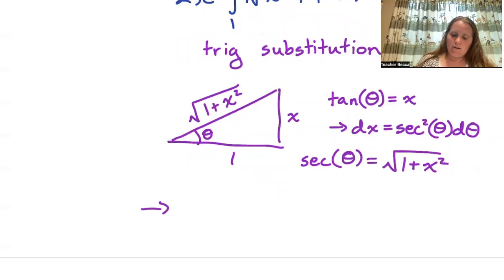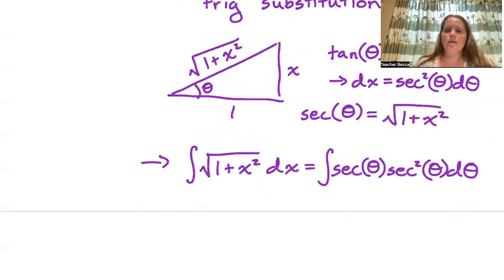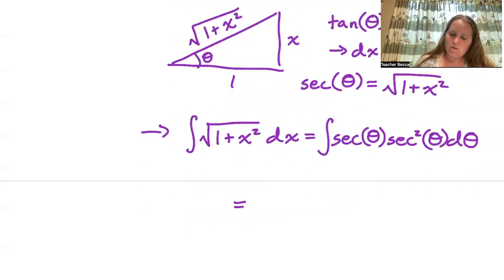So we have that our integral of square root of 1 plus x squared dx is simply the integral of secant theta times secant squared of theta d theta. So we are looking at the integral of secant cubed theta d theta.